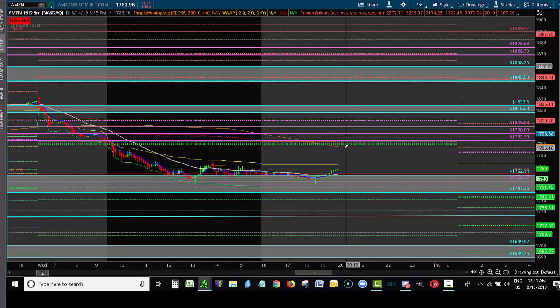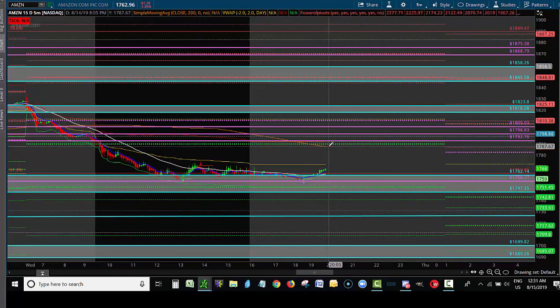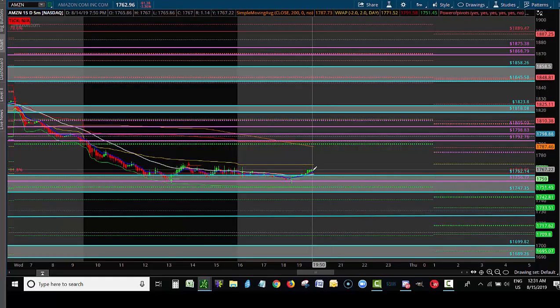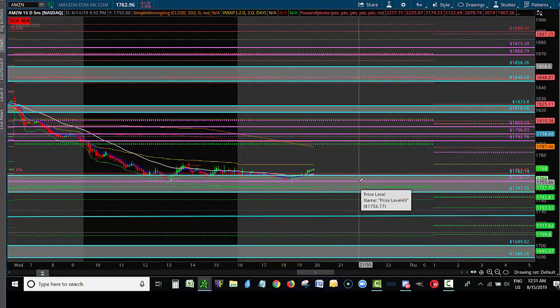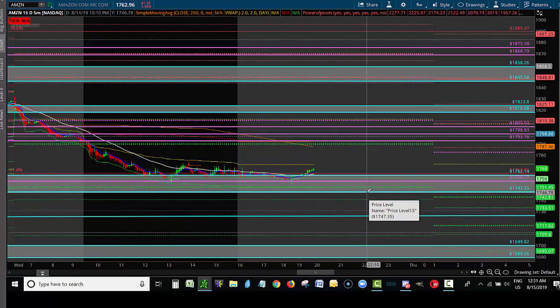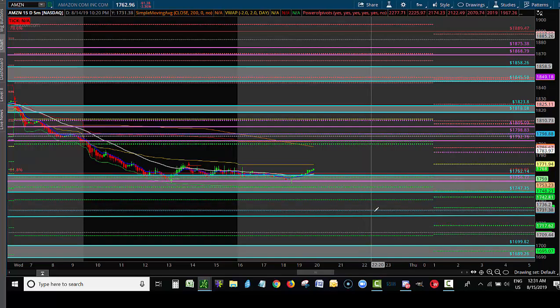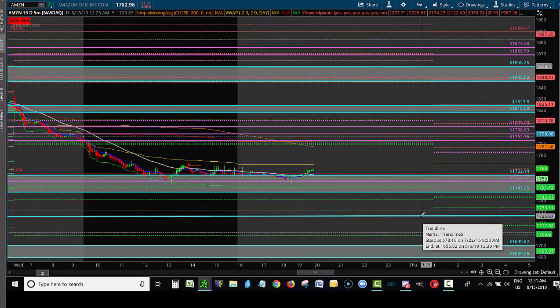I expect a touch of the 200 SMA at some point if the buyers do step in. I expect the 1792 area to hold up if we make it that far. And I'm expecting an up and then a back down and maybe a push through. A break below this 1756 area will be a sign to me that we're probably going to go through the 1747, and that's what I'll be watching for, to maybe catch a trade down into this, 1725 or lower.